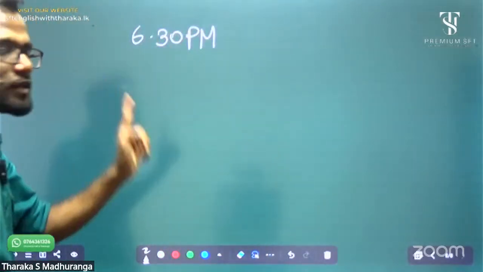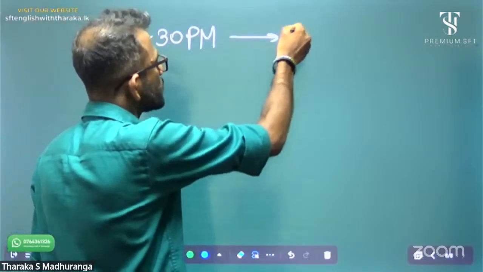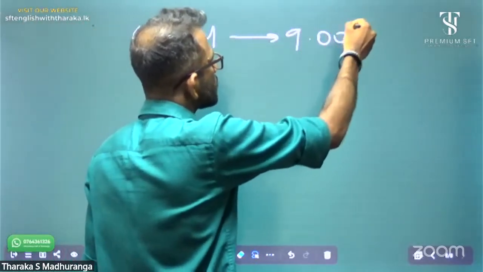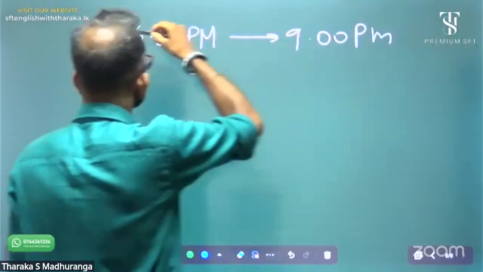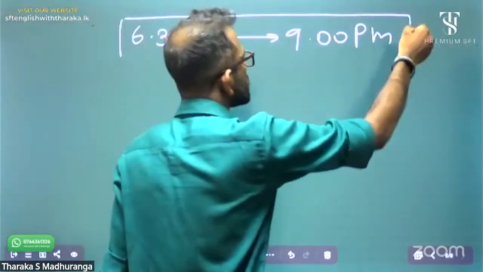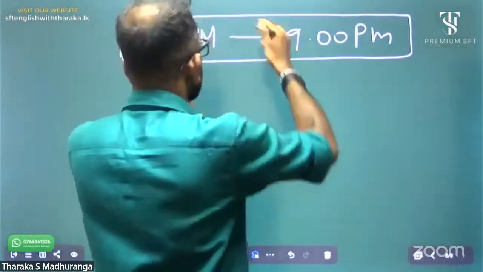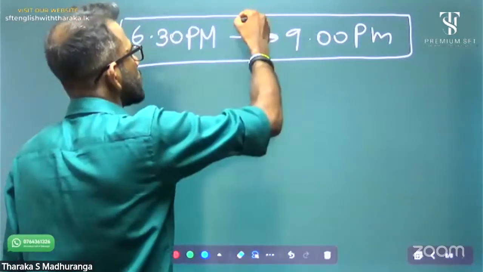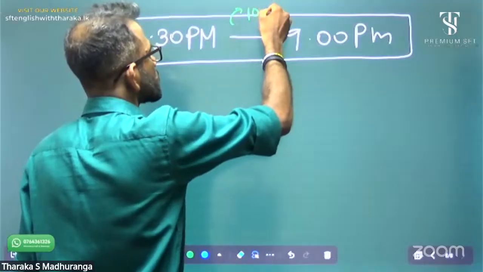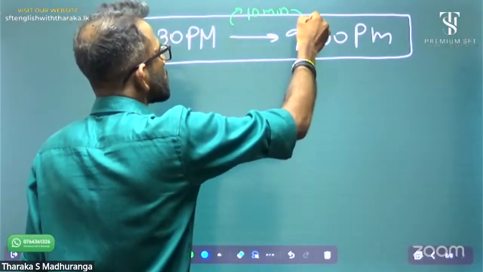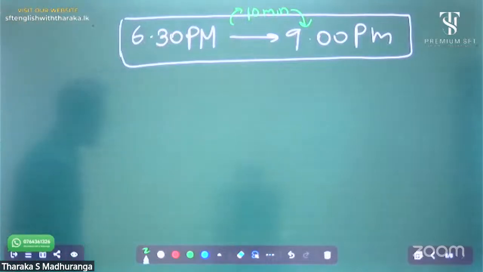6:30 p.m. is the starting time. We will continue up to 9 p.m. We have 2.5 hours. I will give you a 10-minute interval in the middle of the class to refresh.